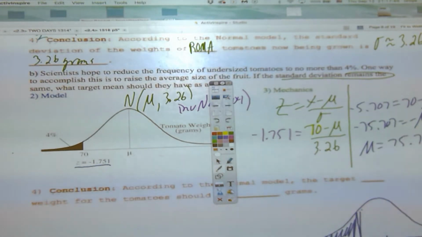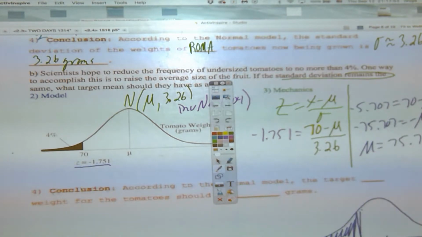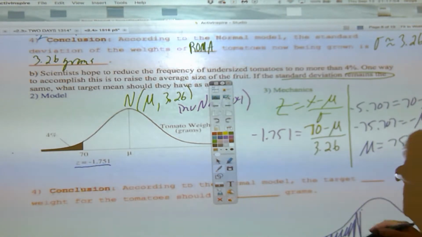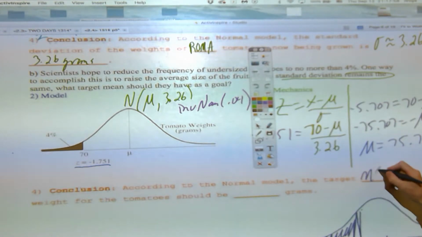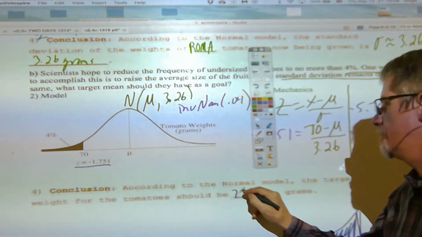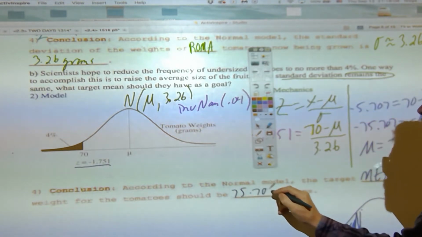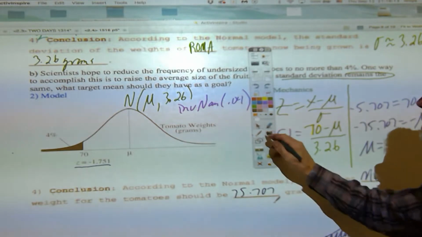So there it is. We should do something to these tomatoes so that instead of the mean being 74, the mean should now be 75.7. So according to the normal model, the target mean weight for the Roma tomatoes should be 75.707 grams, or basically about, let's shoot for 76, shall we?